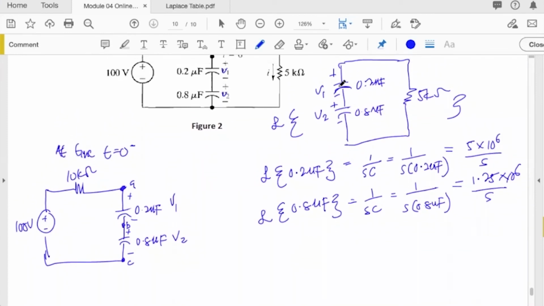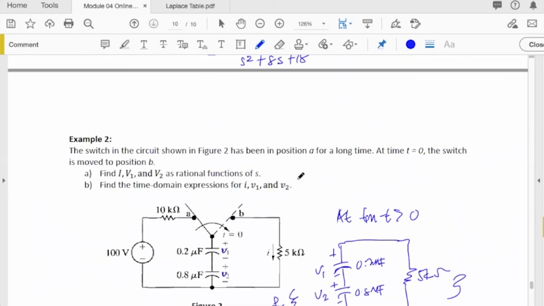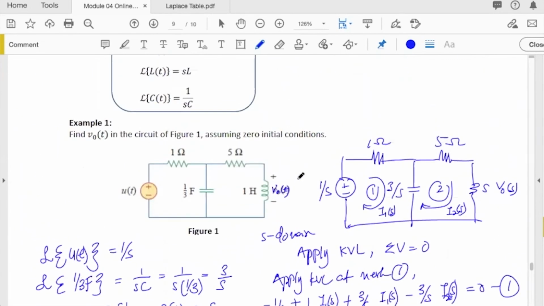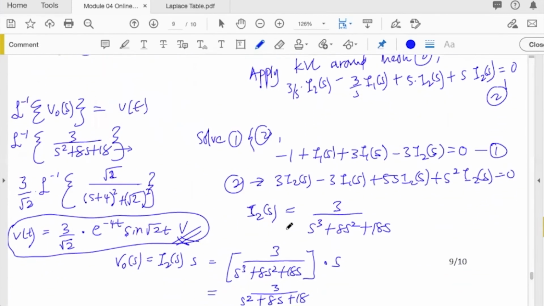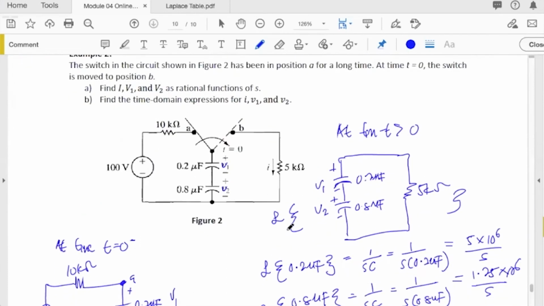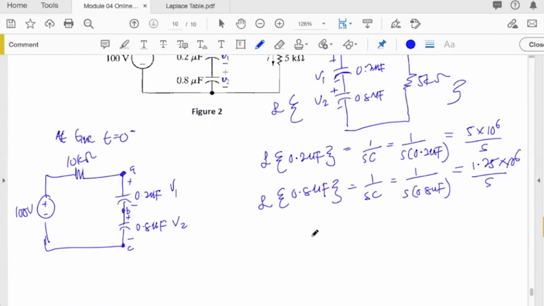Okay, so if you go back to your previous slides, this is capacitor. So if you transform this capacitor with a voltage drop, you will end up with this figure. Okay, so it means you have a capacitor in here and you have an initial value of the voltage. So in that case, when we redraw our circuits, we will have to consider that.